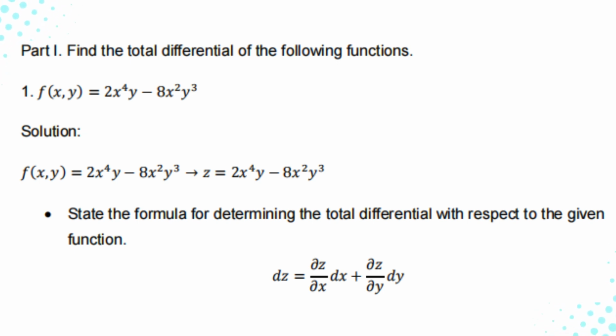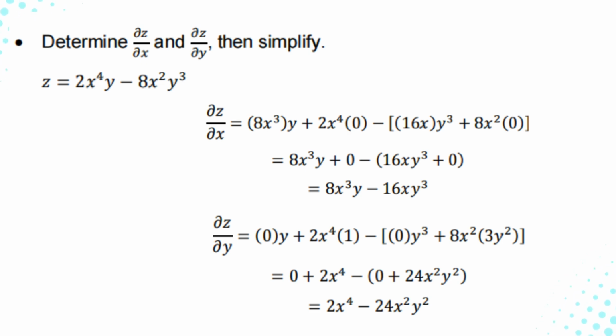First, we are going to state the formula for determining the total differential with respect to the given function. So dz equals the partial z over partial x times dx plus the partial z over partial y times dy. Determine the partial z over partial x and partial z over partial y.